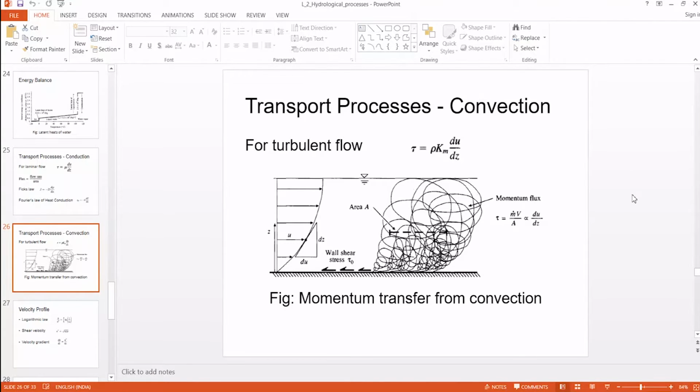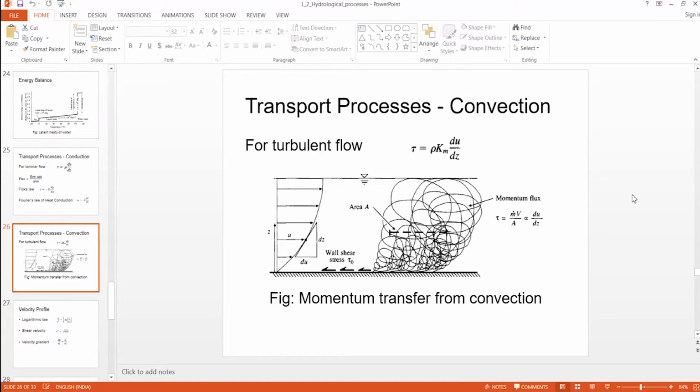Eddy means a kind of vortices. These eddies enhance the mixing, and that is called convection. It is given by an equation similar to conduction, that is tau is equal to rho k_m du by dz, where k_m is called eddy viscosity.